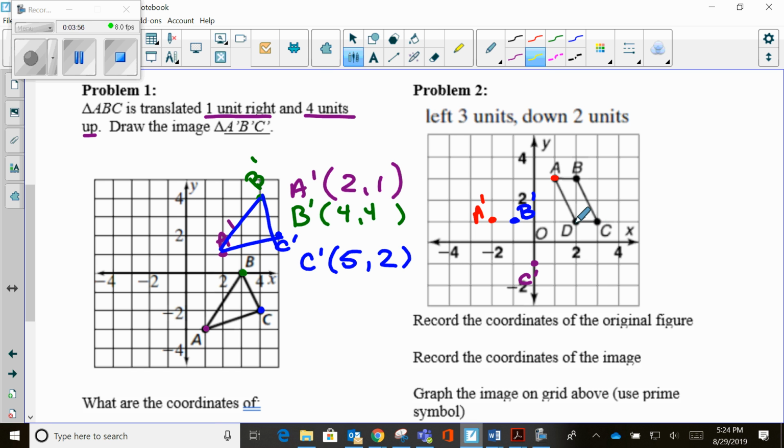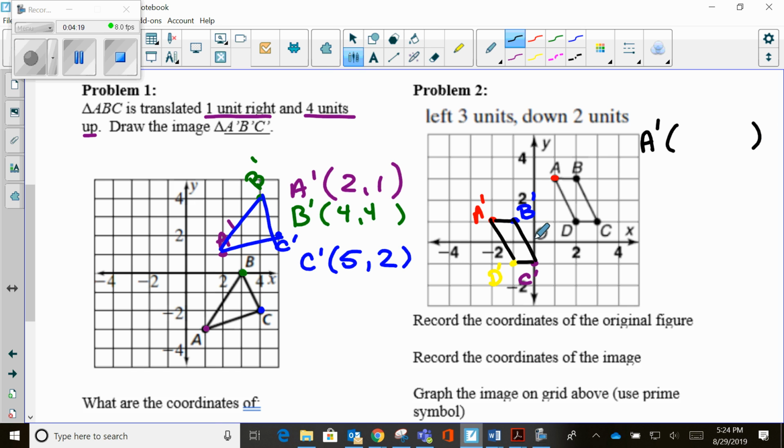And for D, I have 1, 2, 3, down 1, 2 is my D prime. And I can connect those 4 points to create a congruent figure.